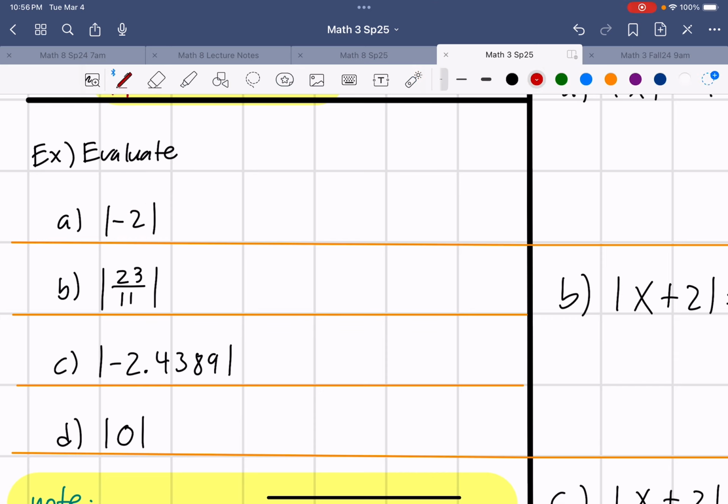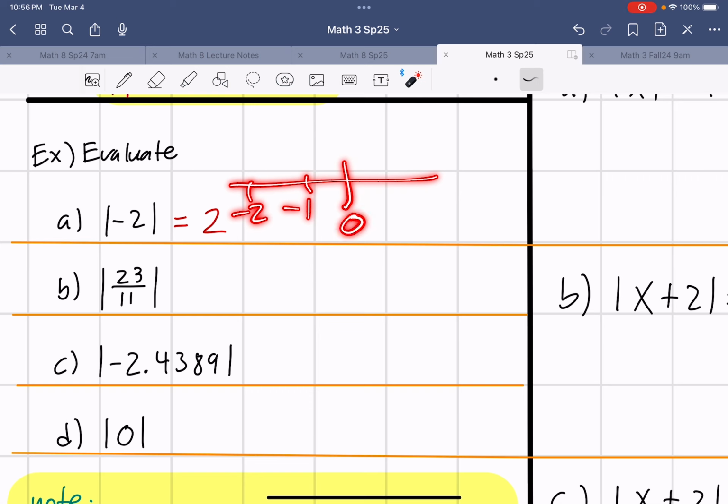All you need to remember is that the distance is always positive. So the absolute value of -2 is +2 because that's how far -2 is from zero. It's just 2. The negative part just tells you that it's on the left side of the number line, but the distance is still 2.